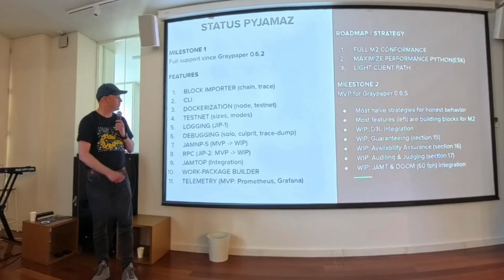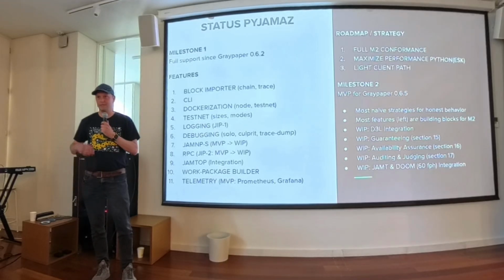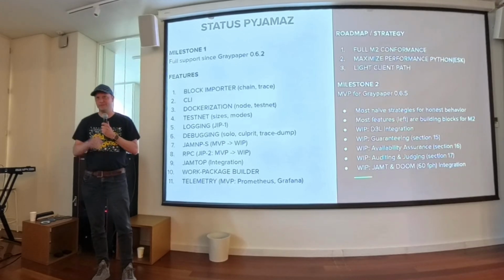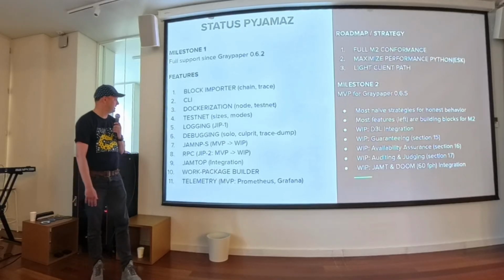We have a culprit mode, which allows the nodes to fire lots of invalid blocks or do illegal things and see how the network deals with that. A trace dump allows you to dump everything so you can import it later on and inspect it.